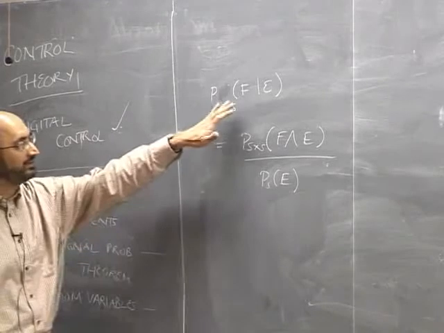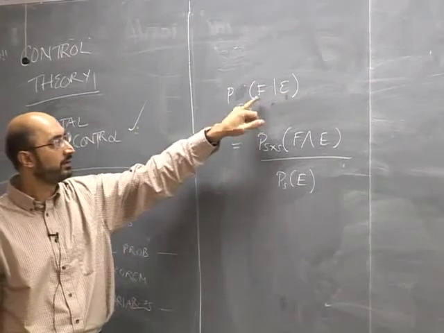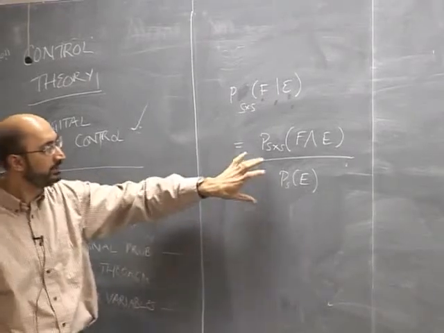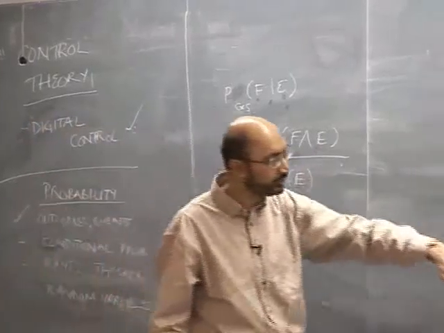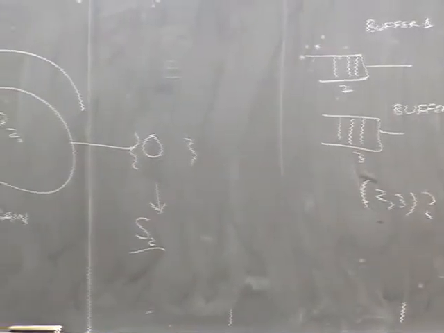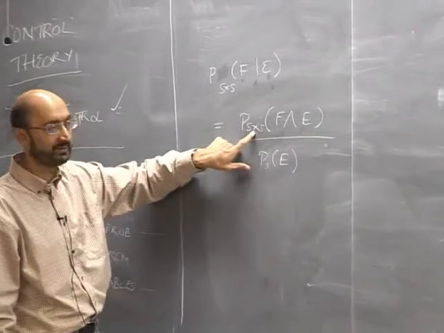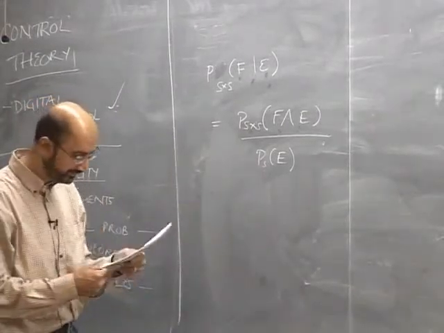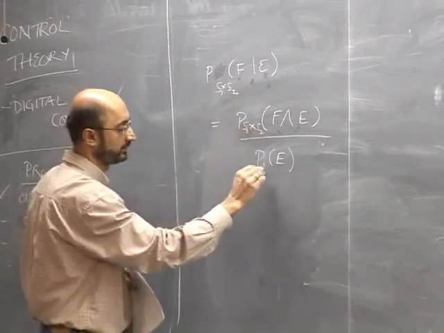We read this as probability of F given E. So the probability, for example, of rain given cloud is going to be defined as the probability of the joint event F and E. Okay, so this F and E is a tuple, like a 2, 3 tuple. It's not an individual number, it's a tuple, because it's on the product of the sample spaces, divided by the probability of E. And if these sample spaces are different, then we just annotate it like this: S1, S2, probability of F given E is over S1, E.